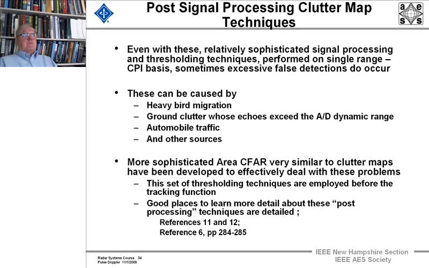Okay, and then to the area of post-signal processing clutter map techniques. Even with these relatively sophisticated signal processing techniques, stuff comes through. It happens. And excessive false alarms do occur, and these are when they occur: heavy bird migration. I showed you a movie of very heavy bird migration in clutter. Ground clutter whose echoes exceed the dynamic range of the A to D converters, automobile traffic, and other sources.